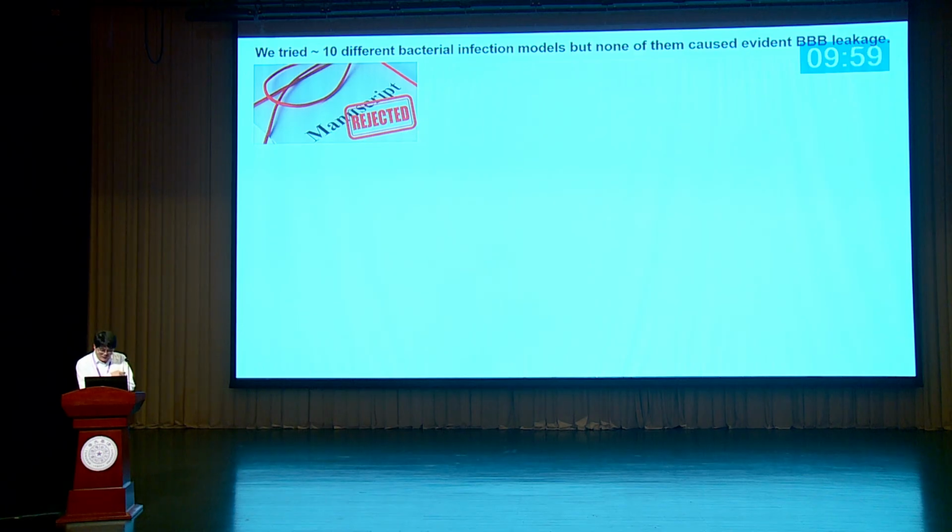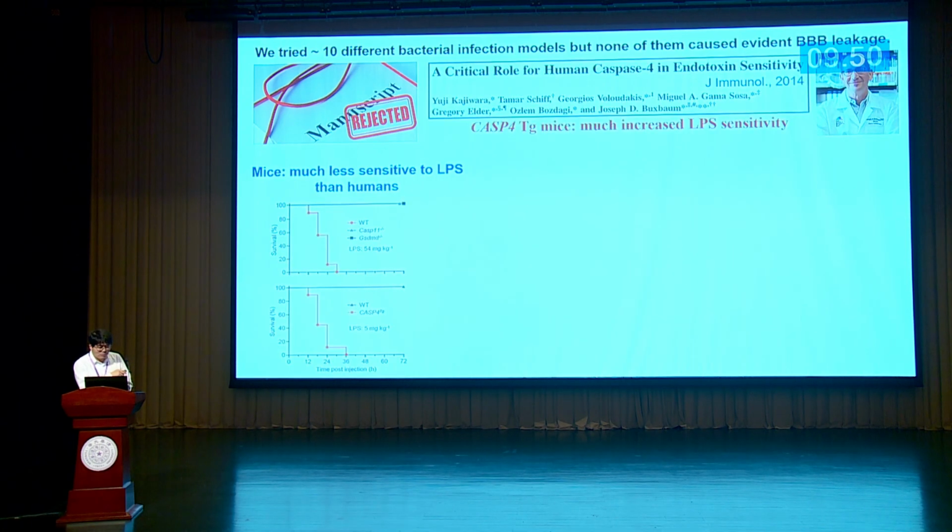And one day, we realized that mice are much less sensitive to LPS than humans. This is well known. Indeed, Professor Joseph Buxbaum's group, 10 years ago, made caspase-4 transgenic mice, basically humanizing the cytosolic LPS receptor, and they showed that these mice are much more sensitive than wild-type mice to LPS.